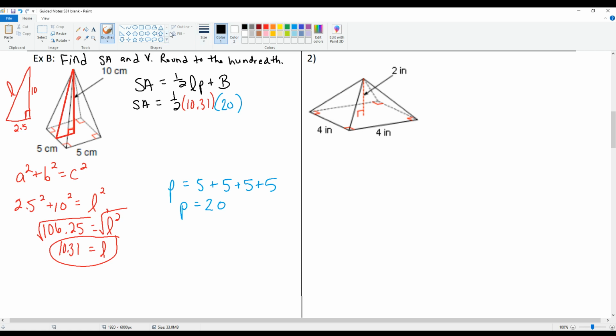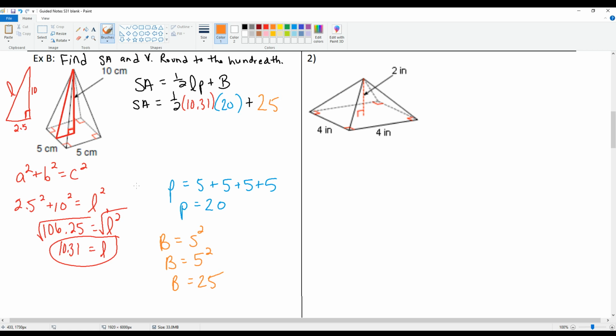Lastly, I need to find the area of the base. That again is a square, so the formula is side squared. When I plug in a 5, I get 25. That's what gets plugged in for capital B.